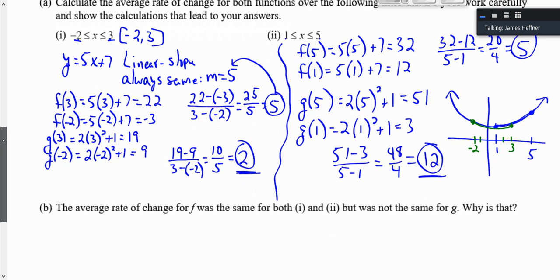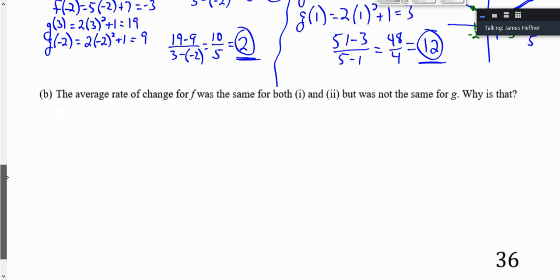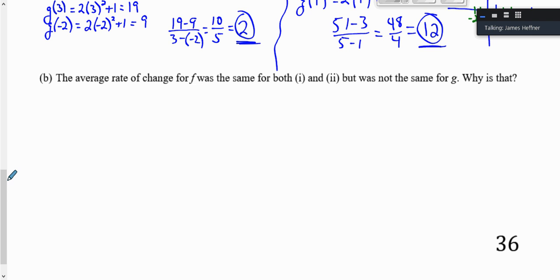All right, let's move on to part B down here. I bet they're going to ask something we just discussed. I always do that. The average rate of change for f was the same for both intervals, but not the same for g. Well, why is that? What do we know about y equals 5x plus 7? It's a linear equation, right?